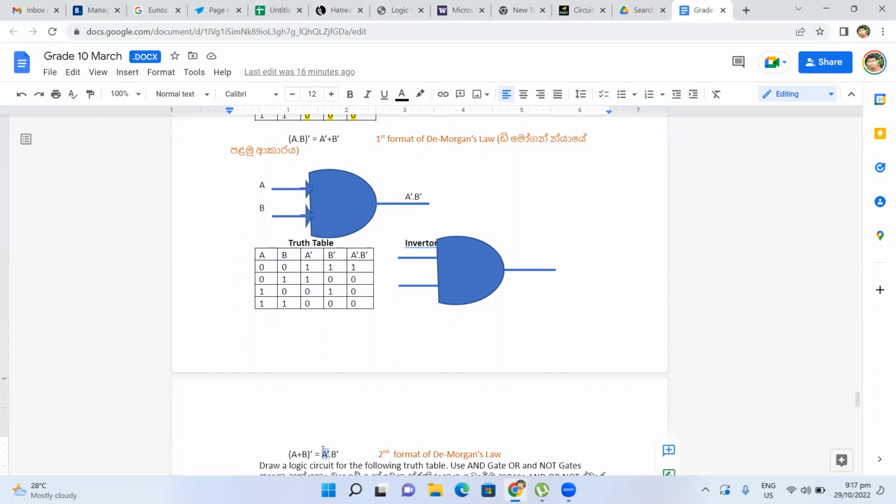Using this, you can prove this. Prove De Morgan's law using these two circuits. We will learn more laws in future, right? It's only the start.